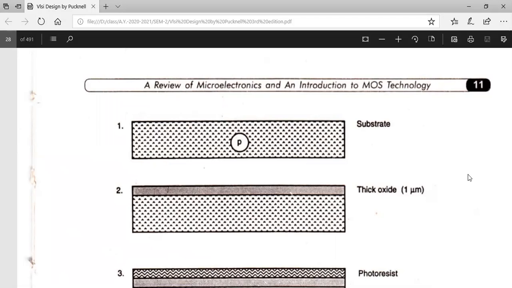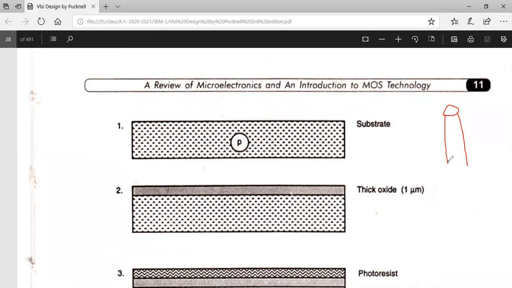In the previous classes, we have seen that I have a pure form of silicon. I boil it at 1200 degrees centigrade, and it is converted into liquid, and it will be formed as an ingot.